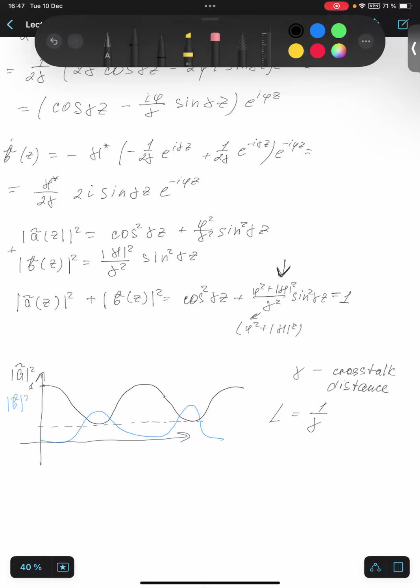It actually quantifies the coupling of 2 different waveguides. So you can easily analyze the coupling strength that depends on the distance between the waveguides or resonators.